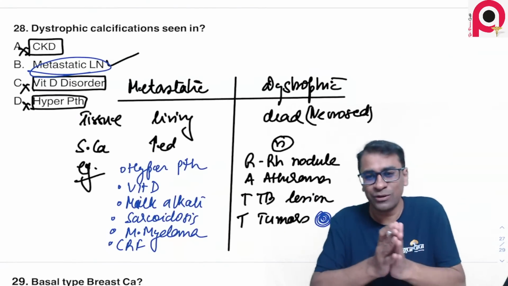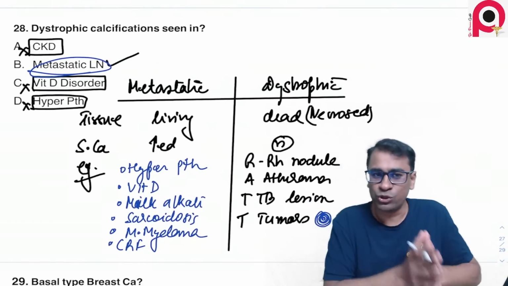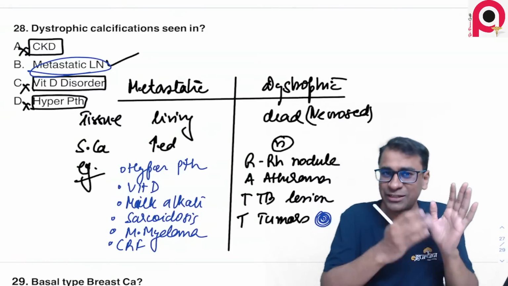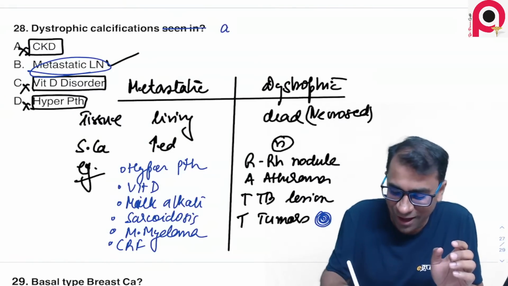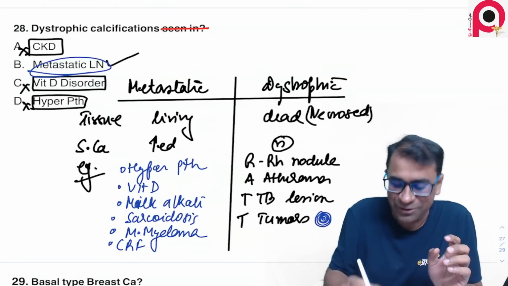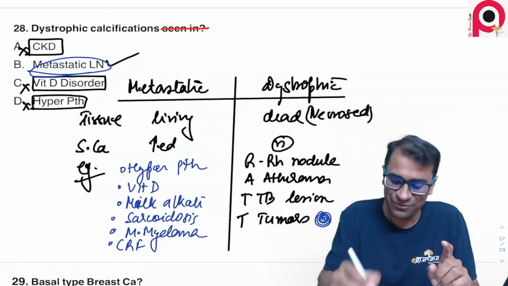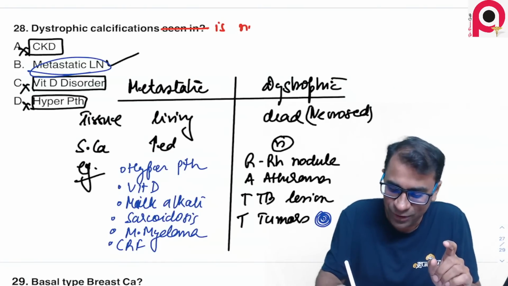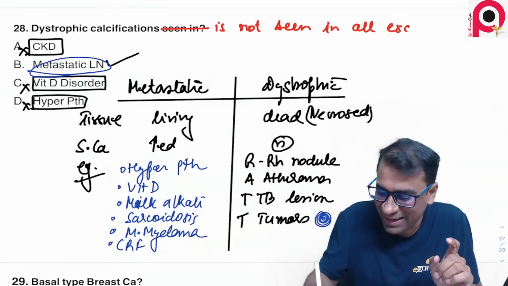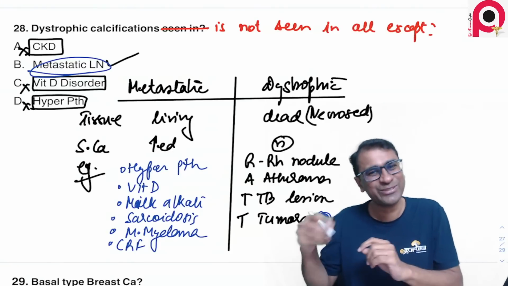Some students have told me the question was about dystrophic calcification. Listen carefully: the question was telling me, true or false, dystrophic calcification is not seen in all except... what was a question like this?